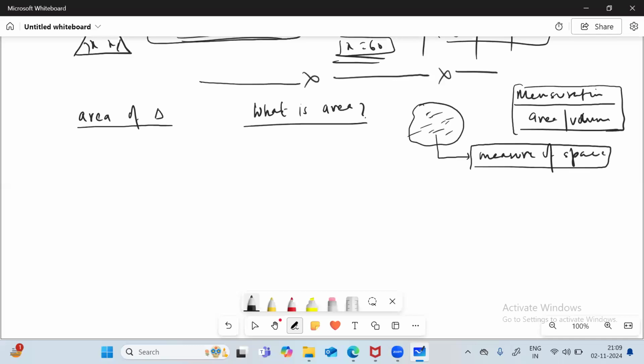If somebody is asking how much sunlight is there, how do you measure sunlight? Does anyone know? The intensity of light, yes, how do you measure it? Lux. So these are the GK facts you should be knowing.